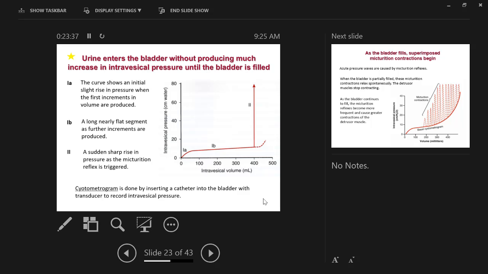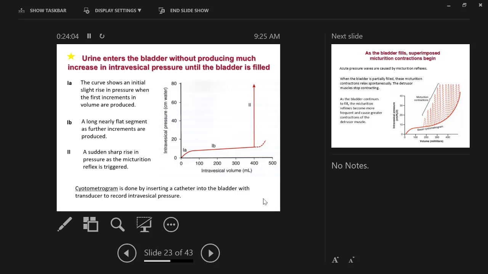By the way, this can be recorded by a technique called cystometrogram, in which a catheter comes up from the urethra and goes to the bladder, and then a transducer can measure both volume and pressure. So this is available clinically too.